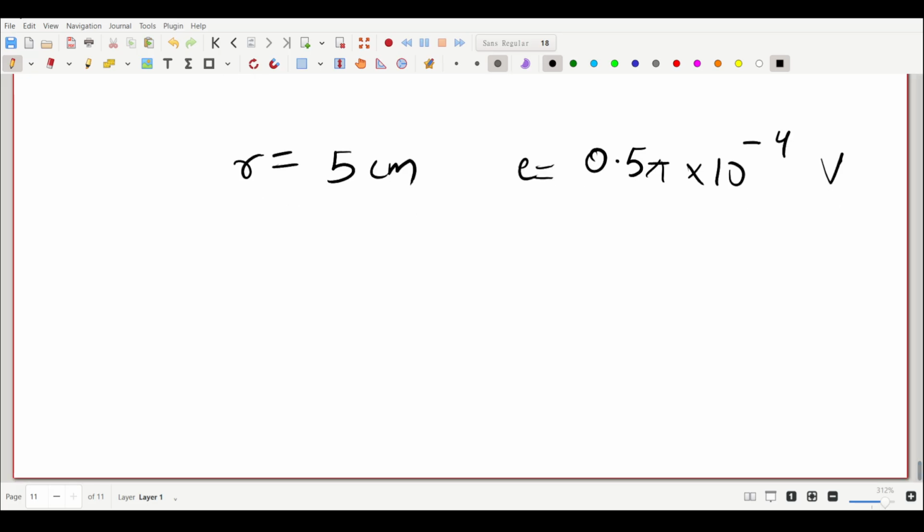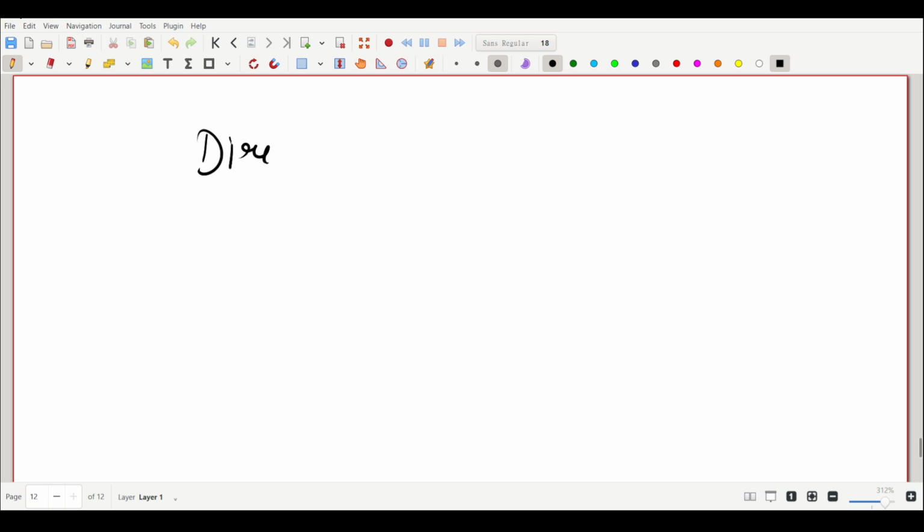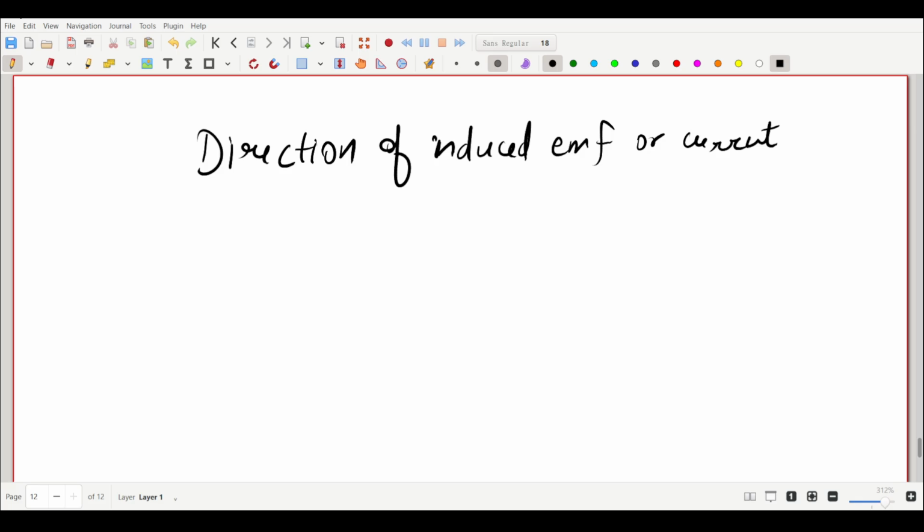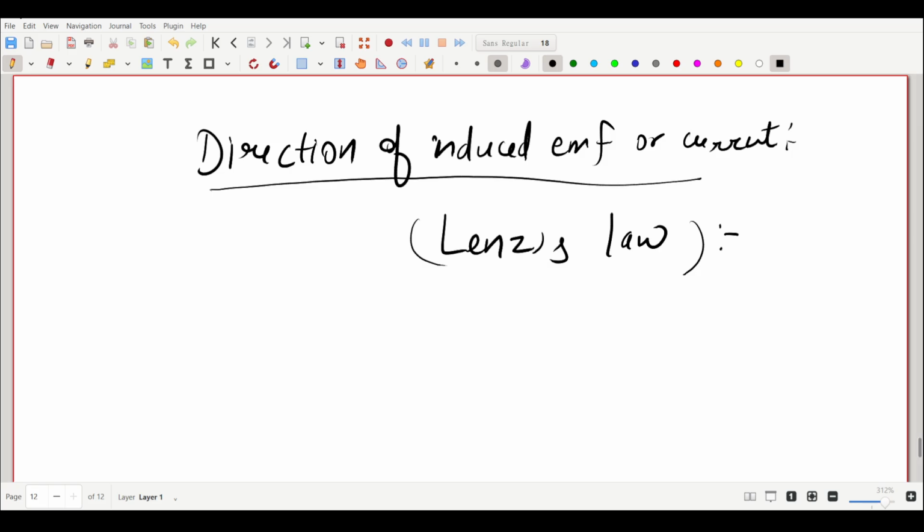Now we should know the direction of the induced EMF or the current. Right? New heading: direction of induced EMF or current. In brackets you can write Lenz law. Lenz was a scientist who gave this particular way of finding the direction of induced current. Lenz law.